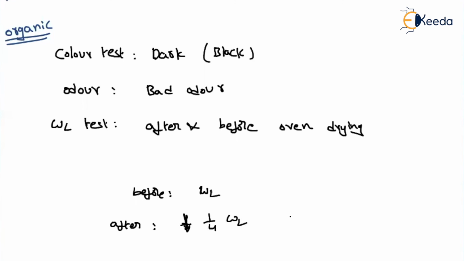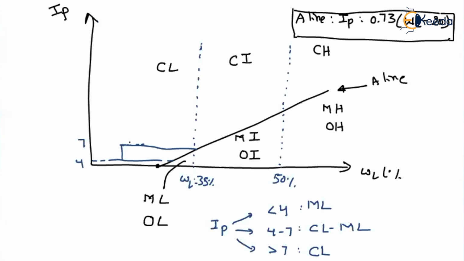But if it is a non-organic soil, then the liquid limit of the soil won't change. So depending upon these parameters, we can say whether it is an organic soil or not. After identifying them, we can still say whether it is low compressible, intermediate compressible or highly compressible. So this is how we will classify the fine grained soil system.